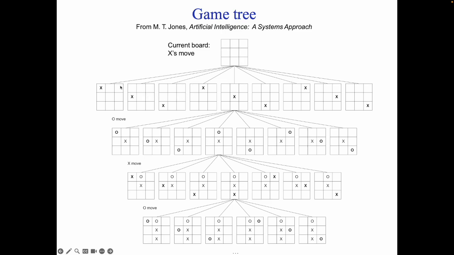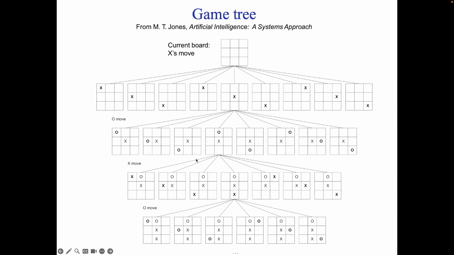Now, how many states can we have here at the first level? For max, 9, right? So we can take 9 different moves. And then how about O? 8. Because 1 is already occupied by X, so now O has 8 moves. And then as we go down, it reduces.